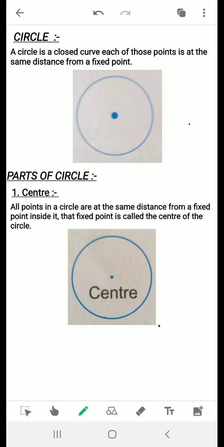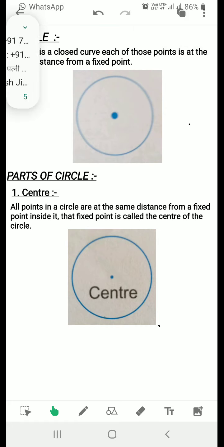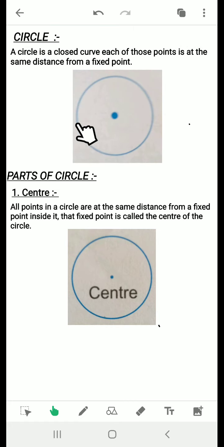Okay. So what is a circle? A circle is a closed curve. Each of those points is at the same distance from a fixed point. A circle is a closed curve whose each point is at the same distance from a fixed point. This is the fixed point.